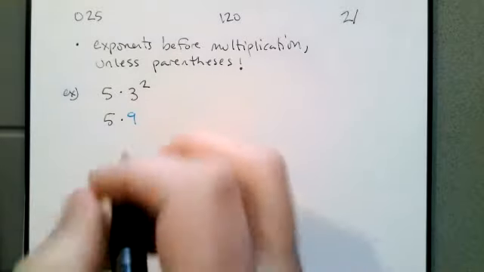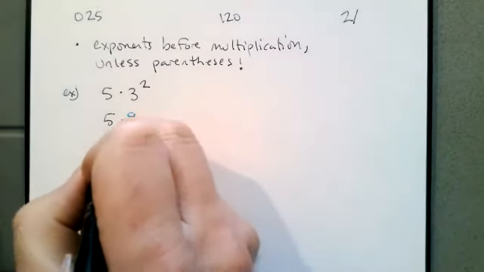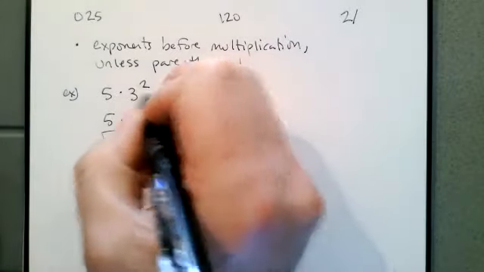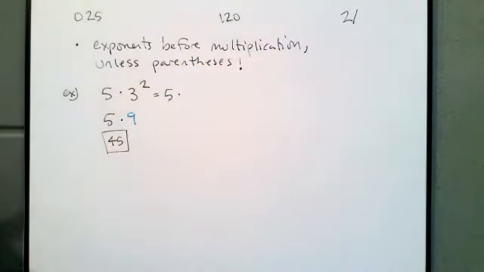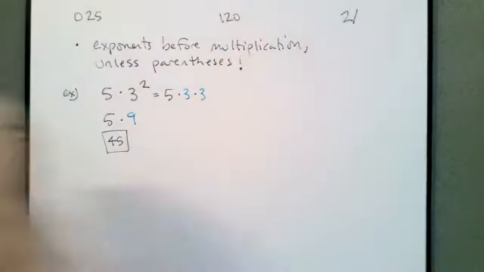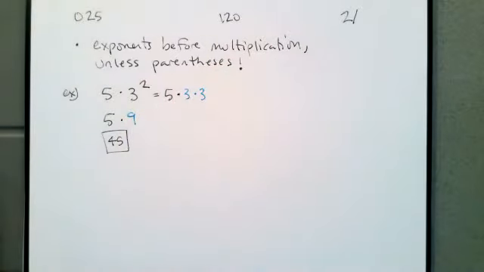And then 9 times 5 is 45. Because this whole expression means 5 times 3 times 3. The 2 only applies to the 3.